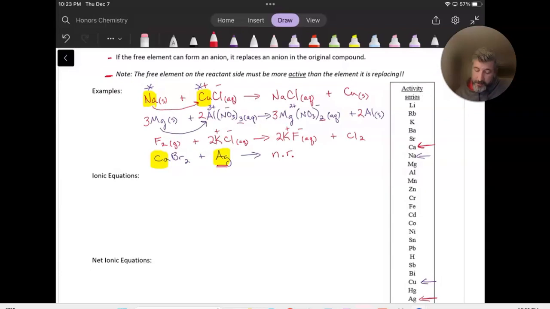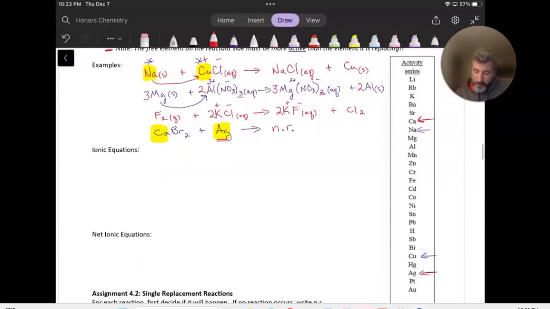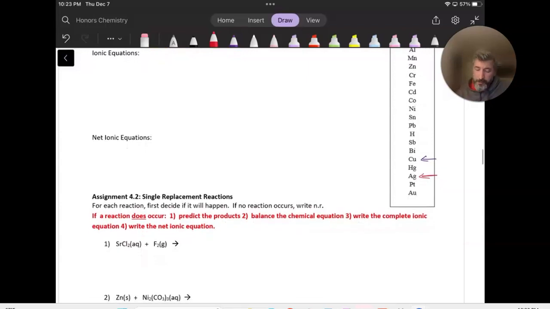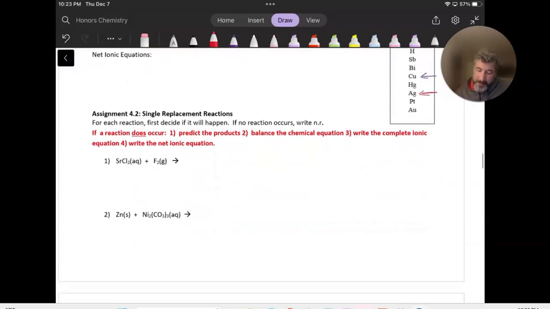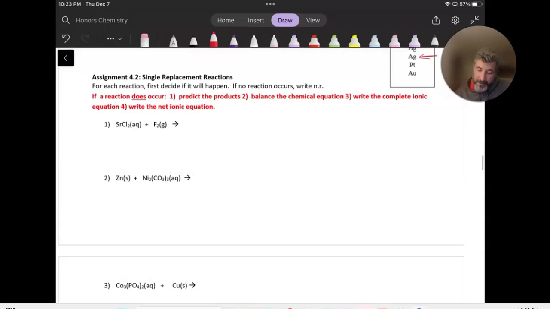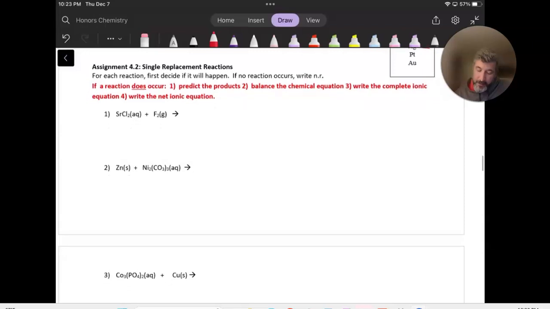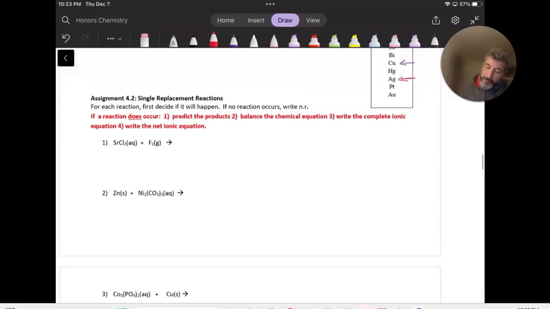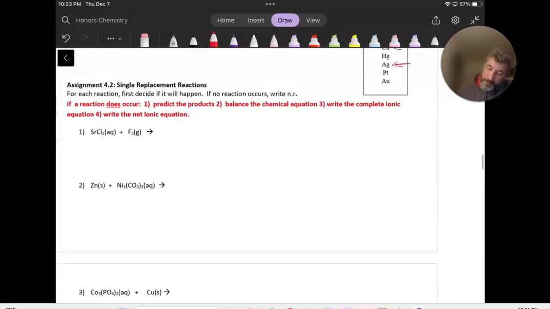We also do need to talk about ionic and net ionic equations. We're going to save those for a little bit later next week. When you get to assignment 4.2, it does ask you, in addition to predicting products and balancing, to also do step 3, write the complete ionic equation, and the net ionic equation is step 4.